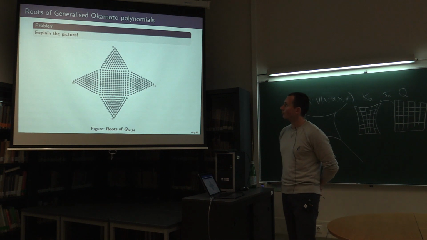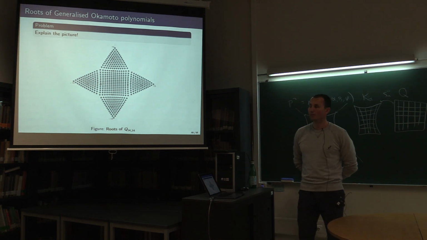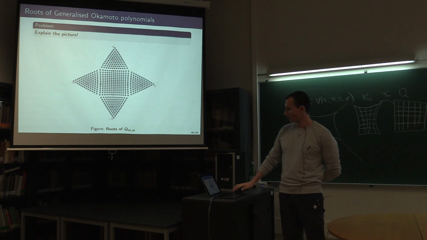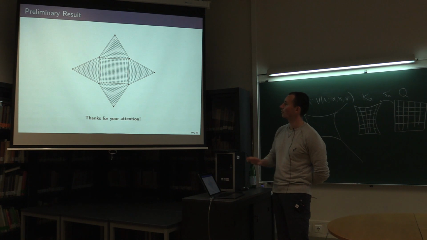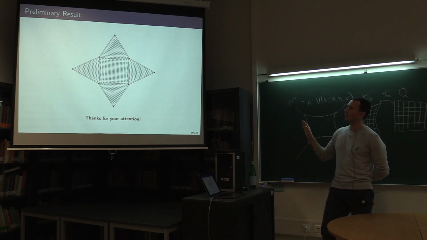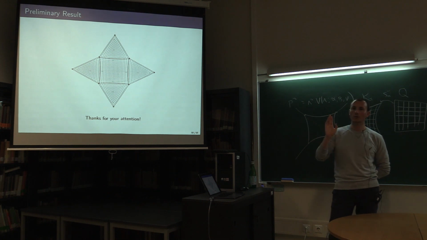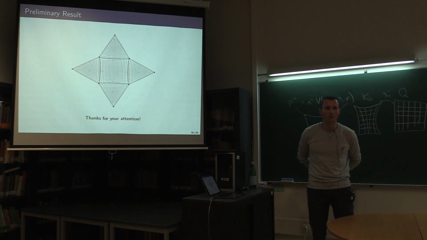And so the same problem again arises: can we understand what's happening in the pictures? We're working on this at the moment, and we got some preliminary results. We think we understand where the roots condense asymptotically, but we still have to tackle some problems concerning WKB asymptotics. So that was it. Thank you for your attention.